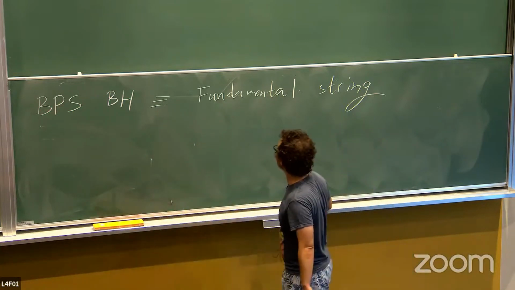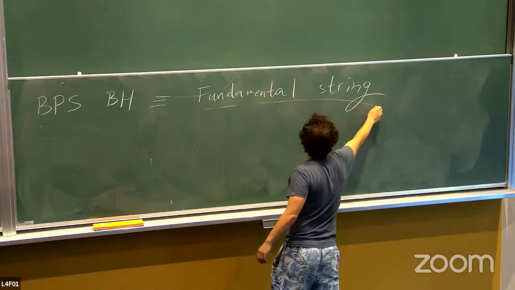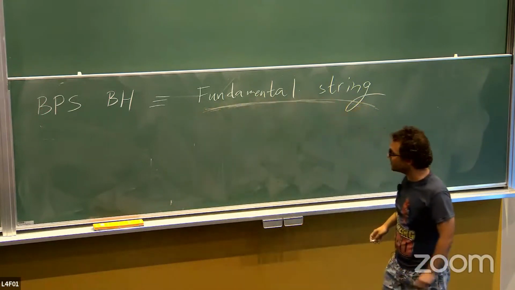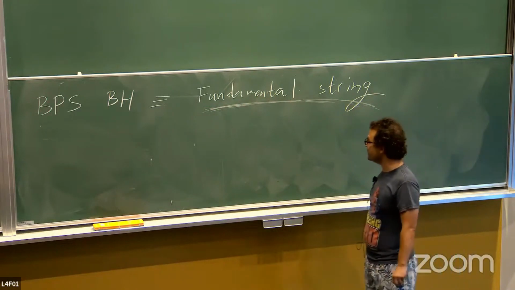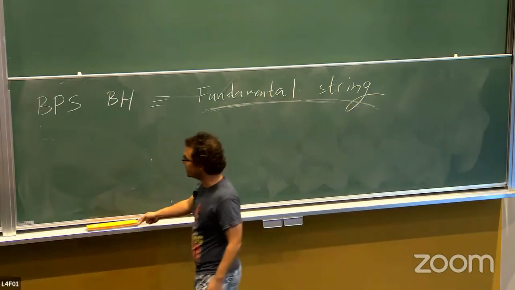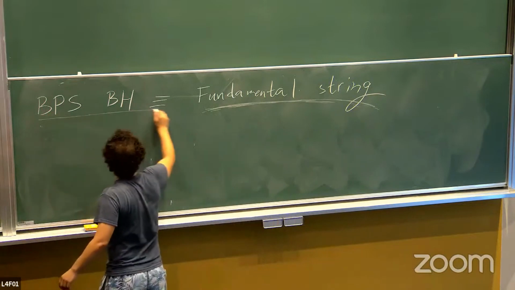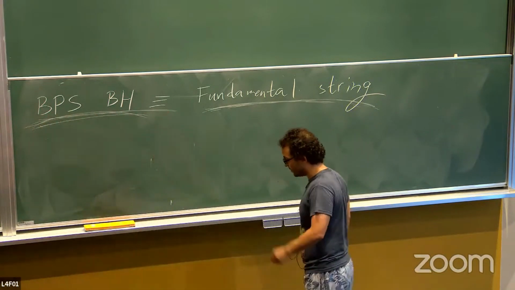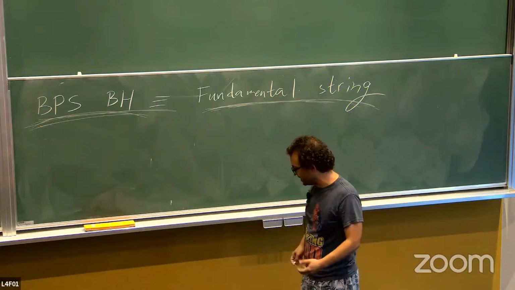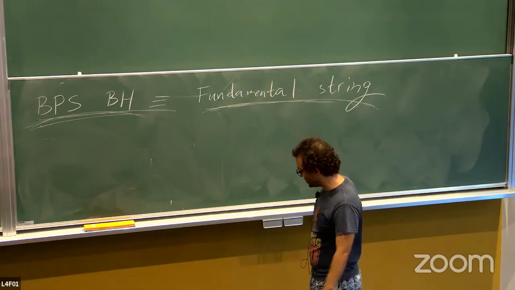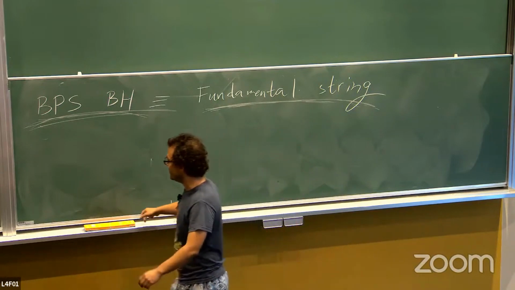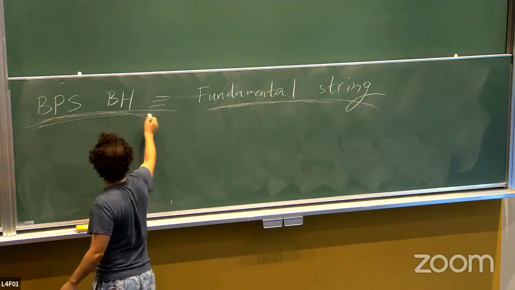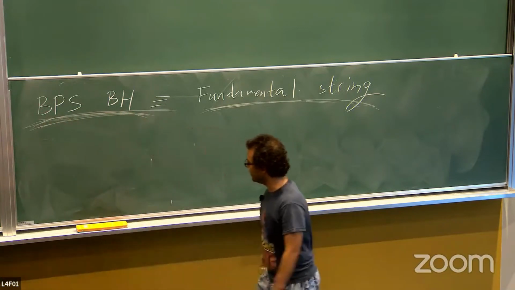Just as the string is both a new object and simply the sum of its fields, of its spectrum, so the Didenko-Vasiliev black hole is both a new object that isn't just made of the higher-spin multiplet, but at the same time, it is just the completion of the higher-spin multiplet.